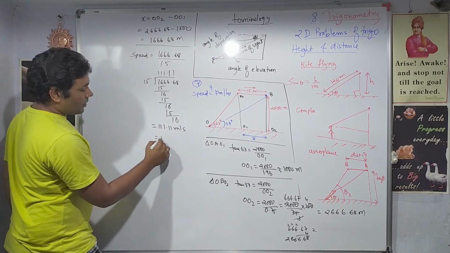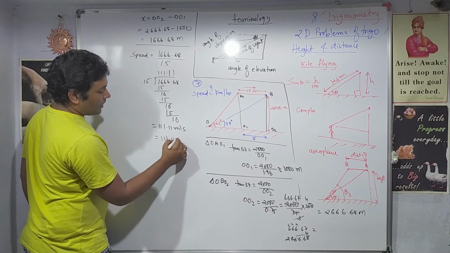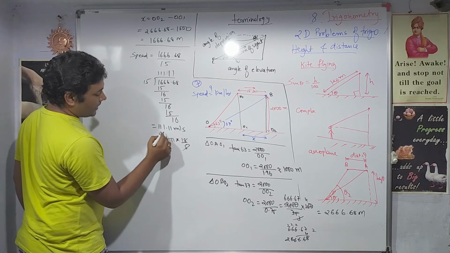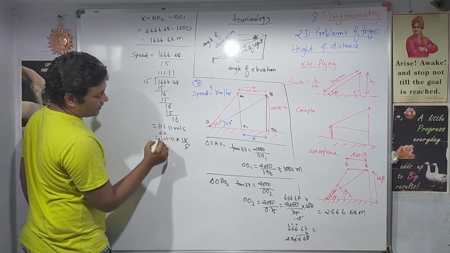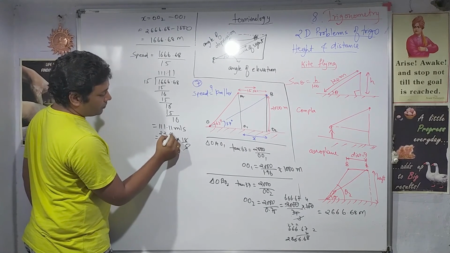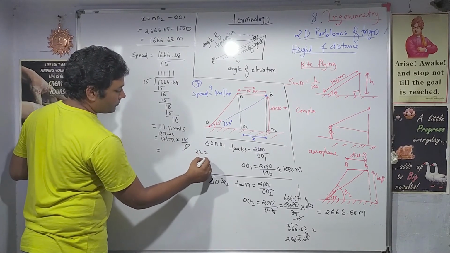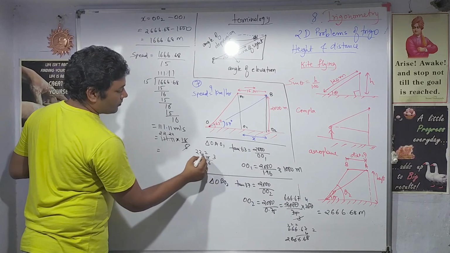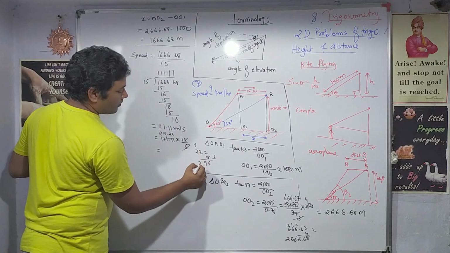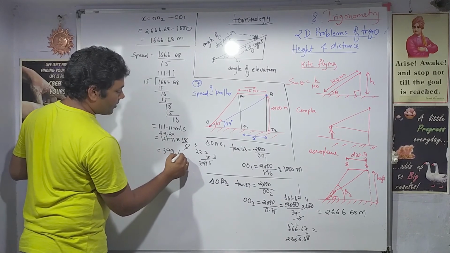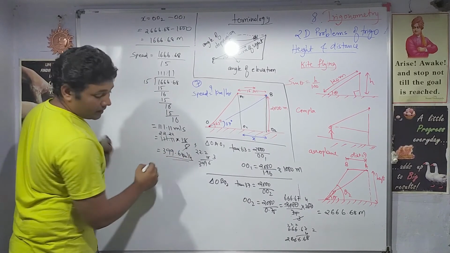Converting to kilometers per hour, multiply by 18 by 5. So 5 2s are 10, 5 2s are 10, 2 2. If I multiply, it gives 399.6 kilometers per hour.